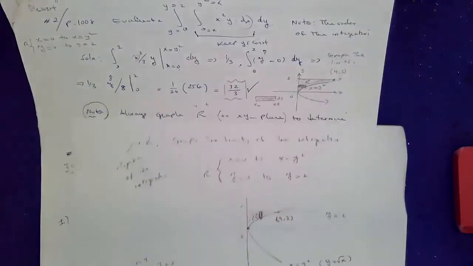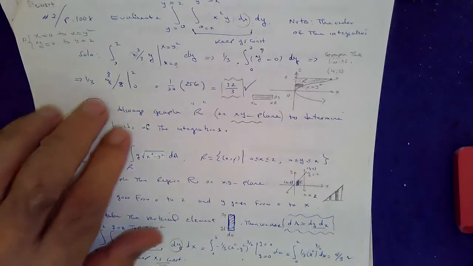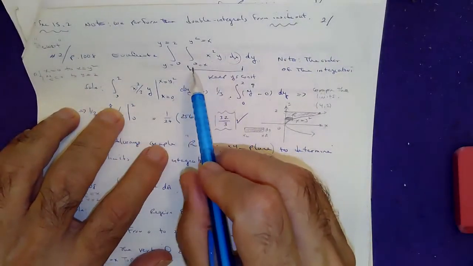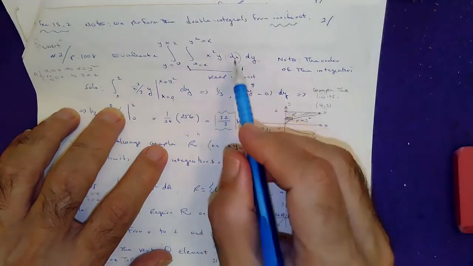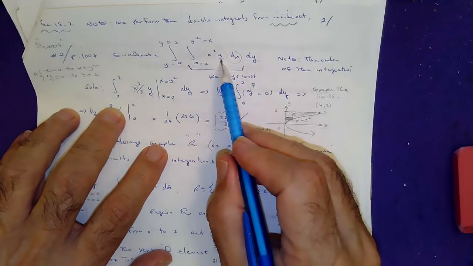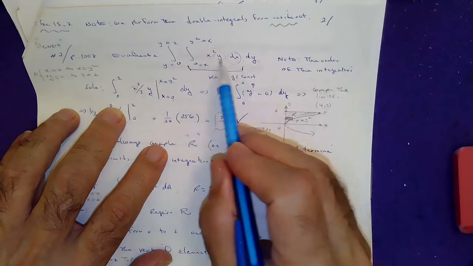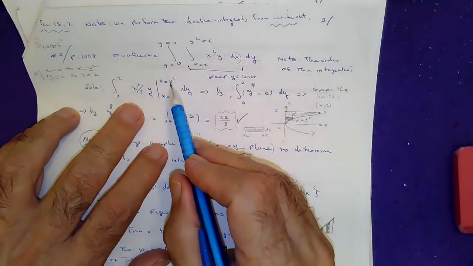Do you see it? So how would you evaluate this, you ask? Just like before, you evaluate the inner integral first with respect to x, so you keep the y's constant. The integral of x squared is x cubed over 3, but x goes from 0 to y squared.